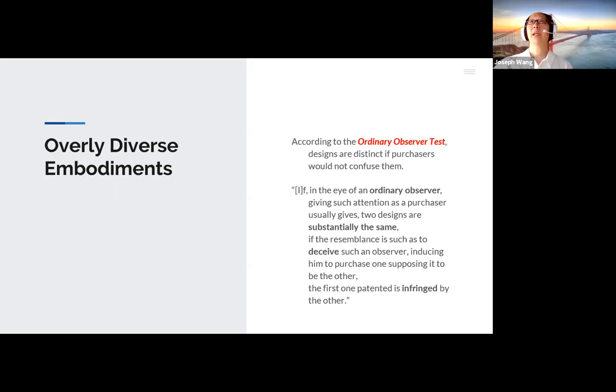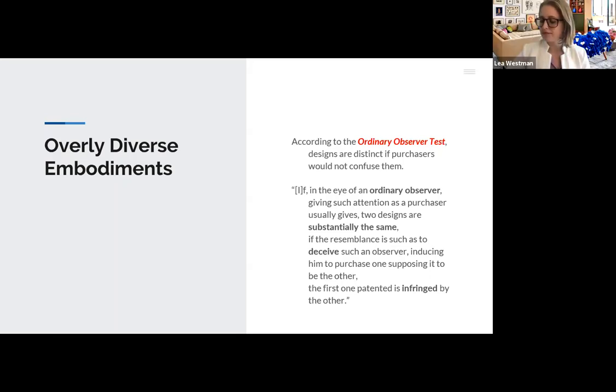The last half of Daniel's question said, should one file multiple applications to capture related designs? And when I see people talking about related designs, it's a bit of a concern because in utility cases, features can be related, functionality, behavior can be related. On the design side, and this is the purpose of this slide right here, the two designs are either different or they're not different, right?